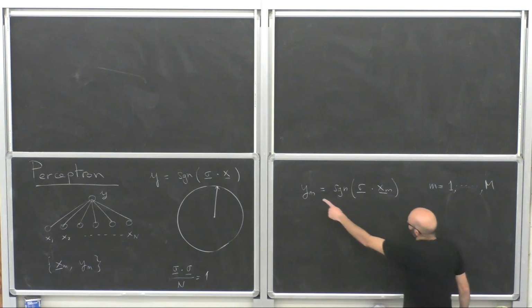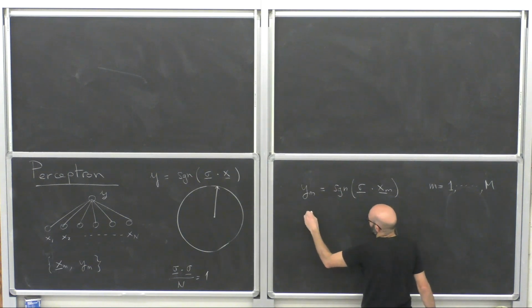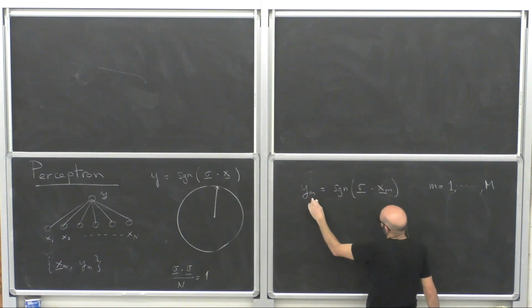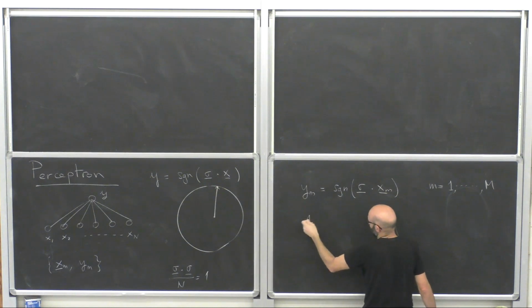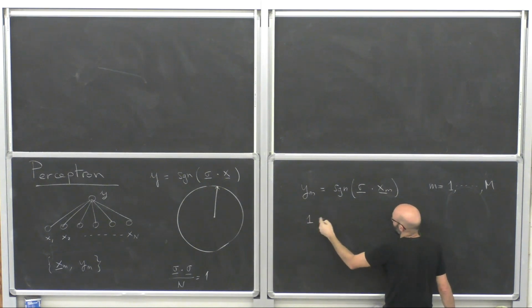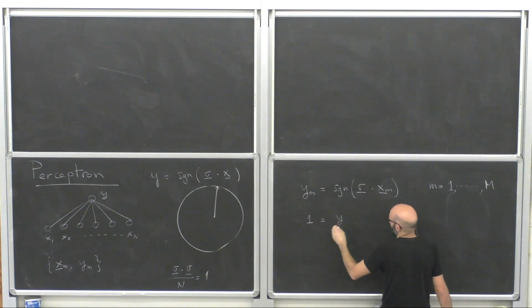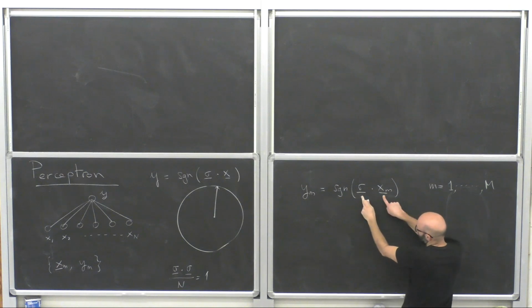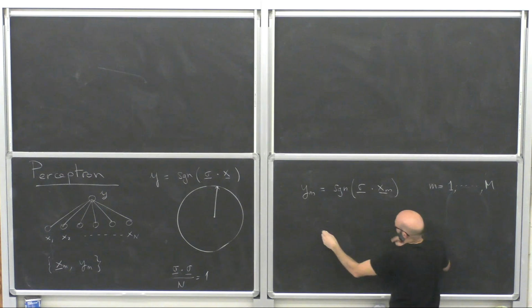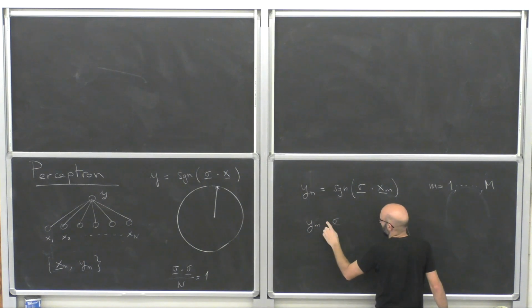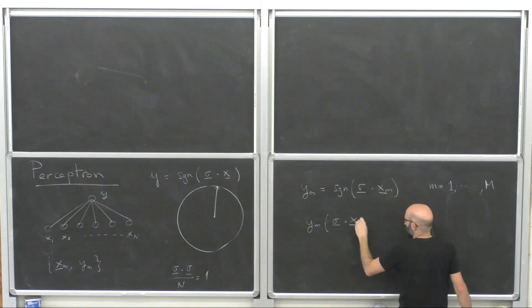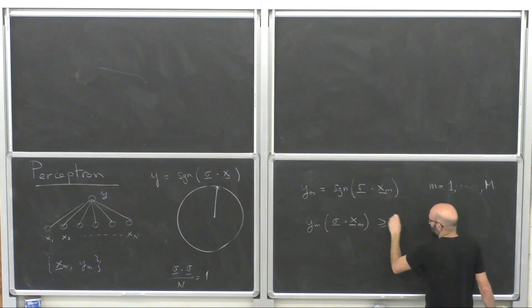Well, I can multiply everything by y. So if y is equal to the sign, I mean, this thing should have the same sign as y. So this means that the product of y times, y is a number, these are vectors, so this product should be positive.